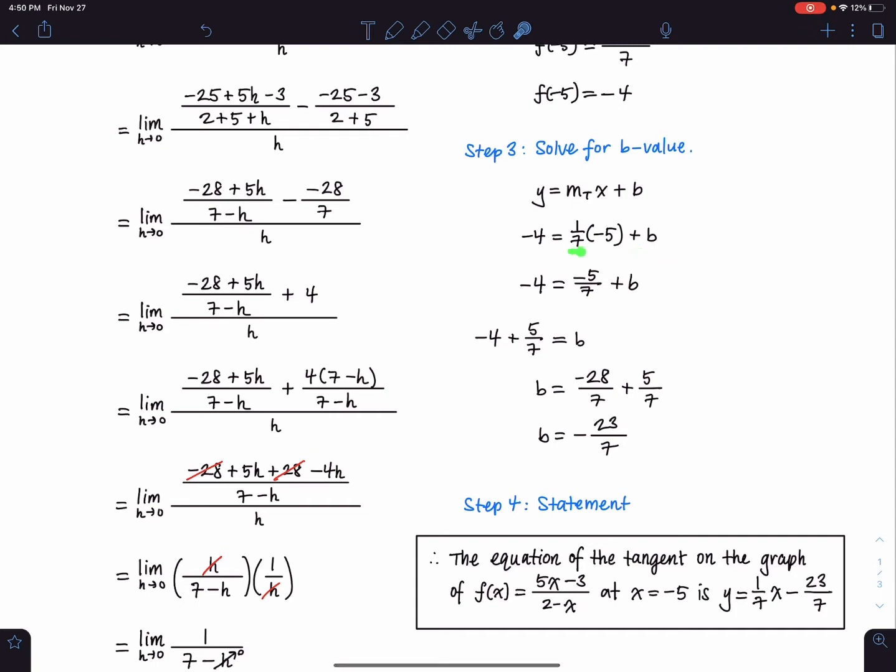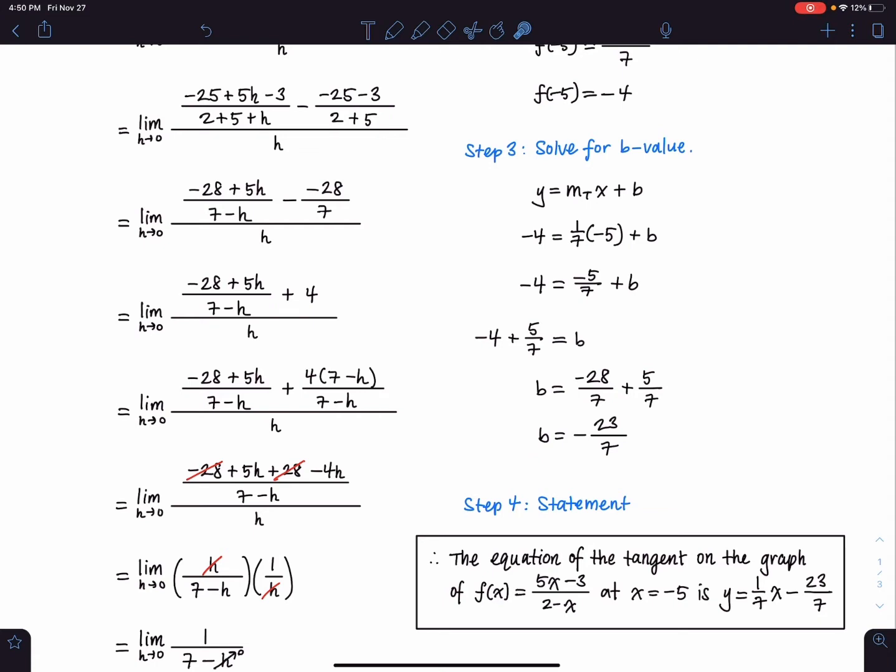So we move this over to the left, and then you flip it. So the b is here, and then I just flipped it over there. You can do your common denominator, and then you find the b value to be minus 23 over 7.